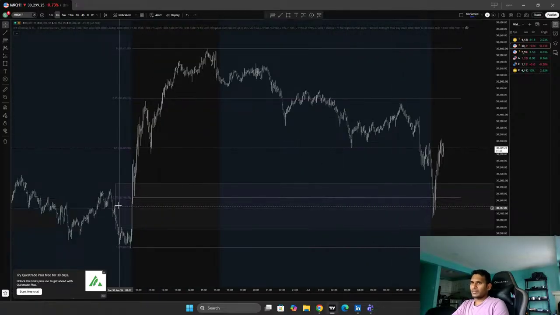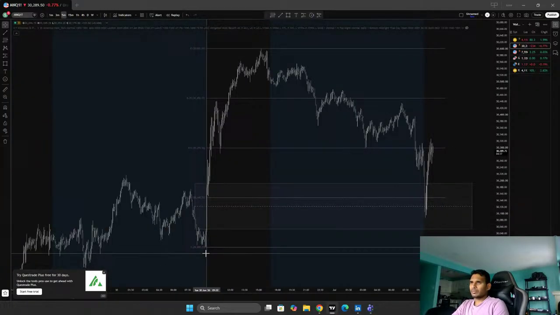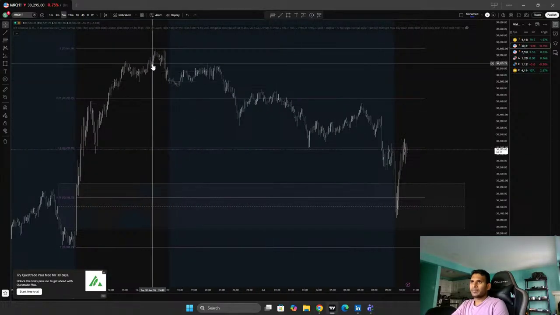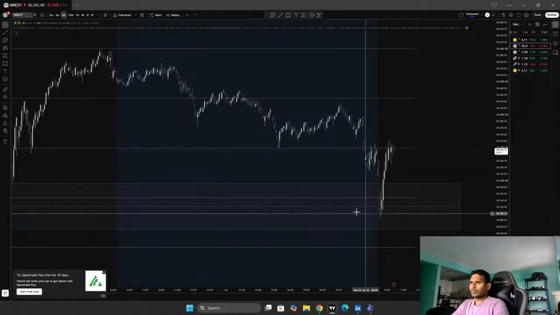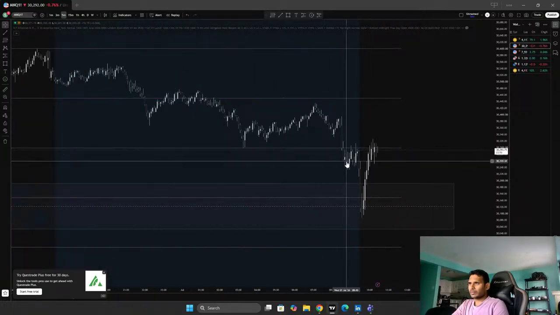Not only the 748, but also the 15 minutes fair value gap, and the 50 minutes structure break. So there is no valid reason for a buy. You clearly see that, right? Break, break. So it just drops all the way down. You can clearly see that break after 50.